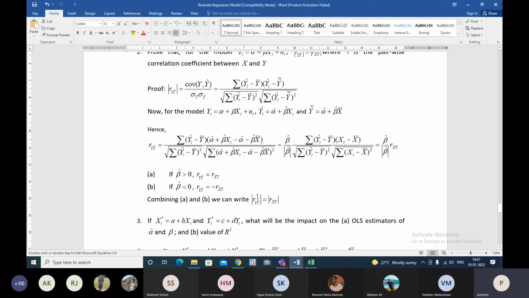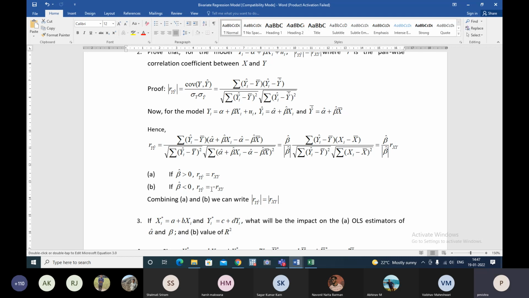If beta hat is negative, then one will be just the negative of the other. So in general, we can say the absolute value of the two correlation coefficients would be the same. But again, this is true for a bivariate model.